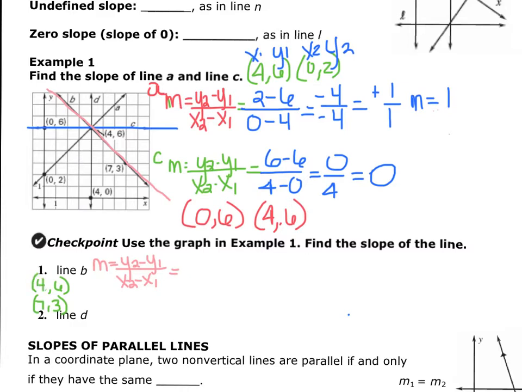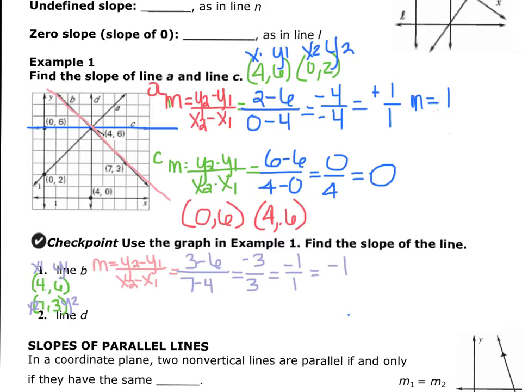Remember, that's our x1 and y1 and x2 and y2. If we plug that in, we have 3 minus 6 all over 7 minus 4. So 3 minus 6 is -3, and 7 minus 4 is 3. We always reduce this to the simplest form, and that reduces to -1 over 1, or again, you can just write it as -1.